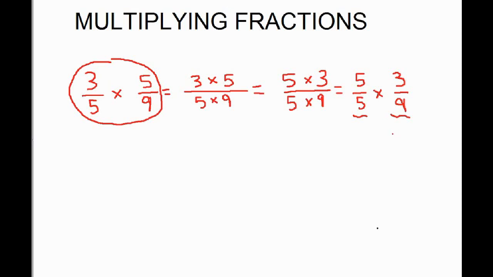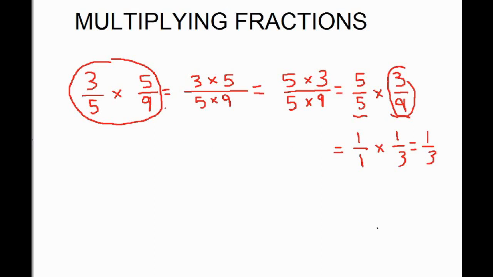And even though they're not that big, it's still convenient to be able to reduce. 5 over 5, well, I divide both of those by 5. I get 1 over 1. I'm leaving it as a fraction because we're going to be multiplying a fraction next. 3 over 9 reduces to 1 over 3 when I divide both of those by 3.